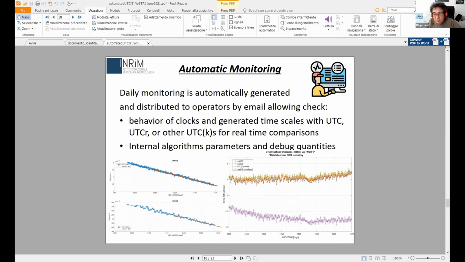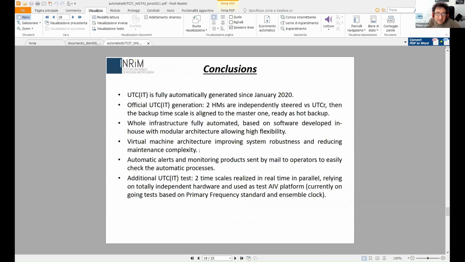These are data provided by two-way satellite time and frequency transfer. And so we have many eyes that can check this data daily, and we can easily detect if there is some anomaly, detect where the anomaly is coming from, and plan some non-automatic operator activity on the time scale.